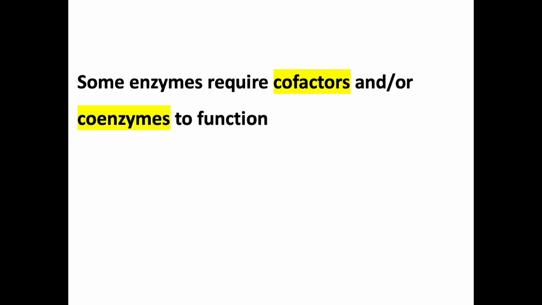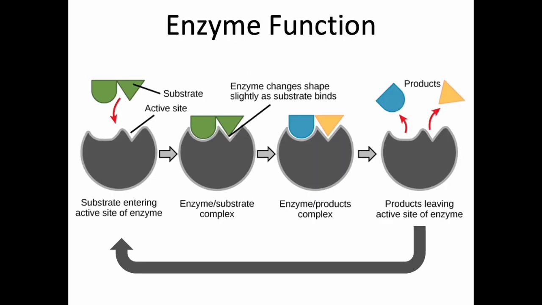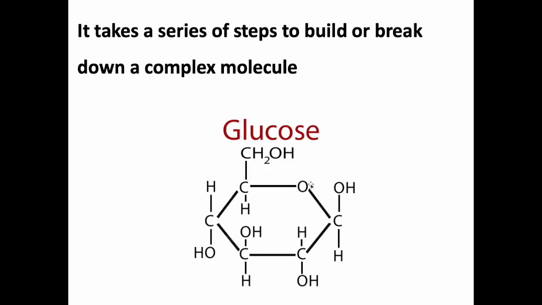Okay. Now, each enzyme only performs a single chemical reaction. If I can go back to this slide, this enzyme is breaking this one single chemical bond in this substrate to create two products. If you want to build something very complicated, let's look at glucose here.